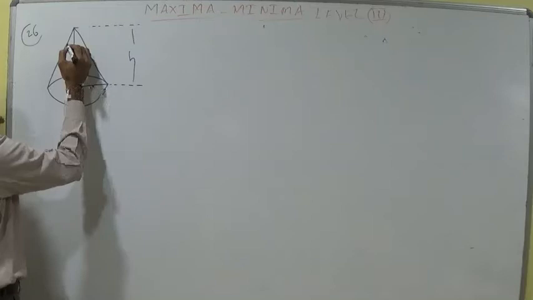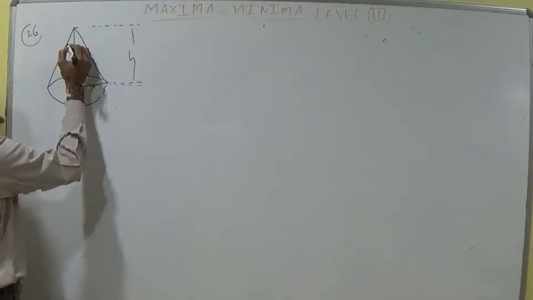With semi-vertical angle alpha, you can write here the small part h minus x. This is the base radius small r. You can put the values here A, B, C, D, E, F, G. This is H, this is I.